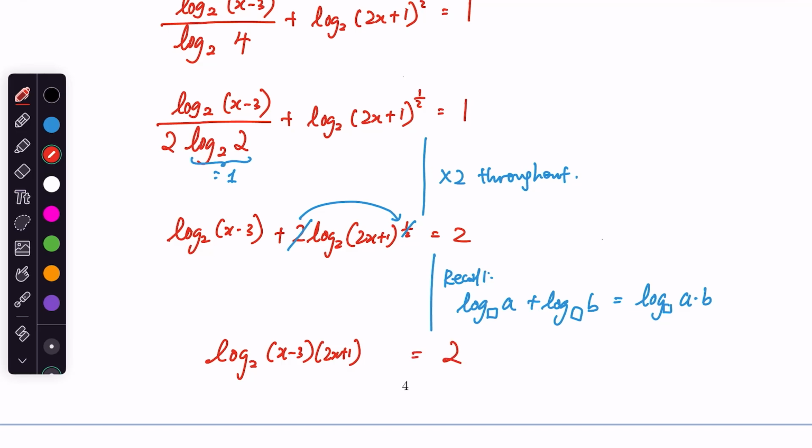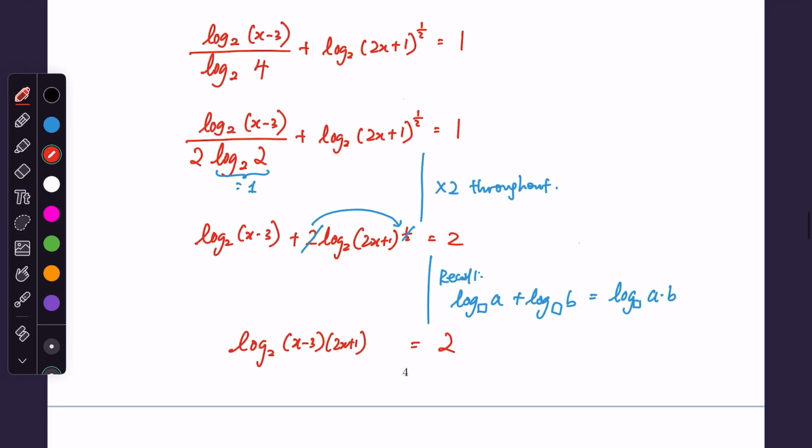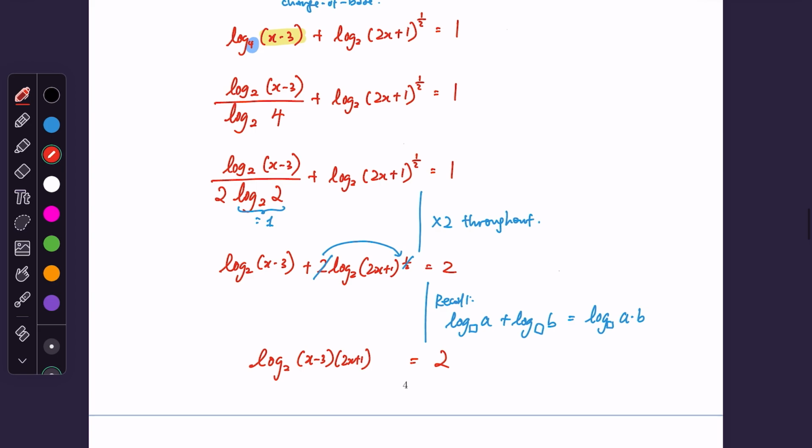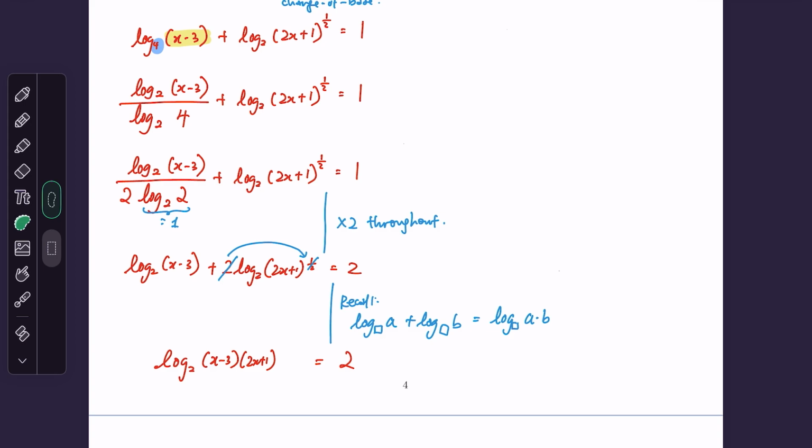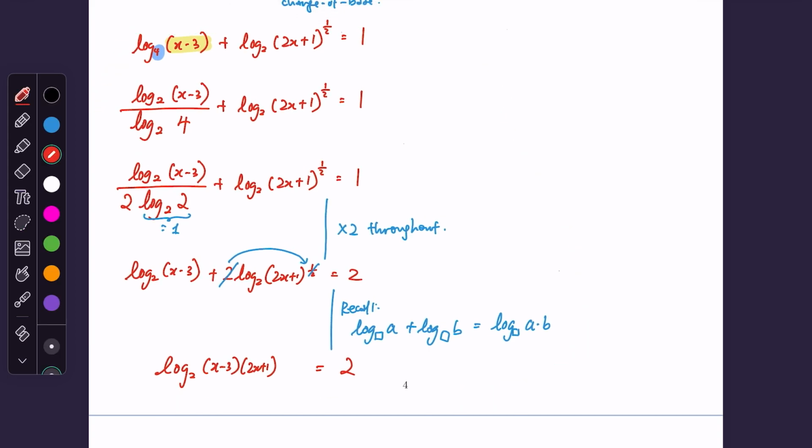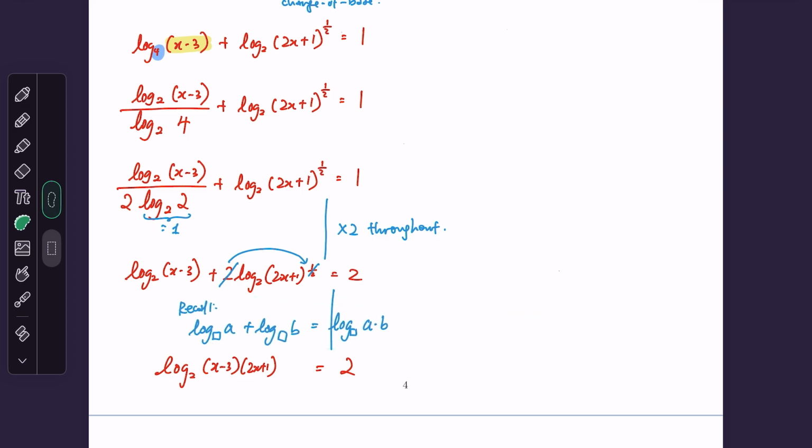Now, the next step that we can take would be to exponentiate both sides. That's one way of calling it. Let me put this on the left side, so we have a bit more space.